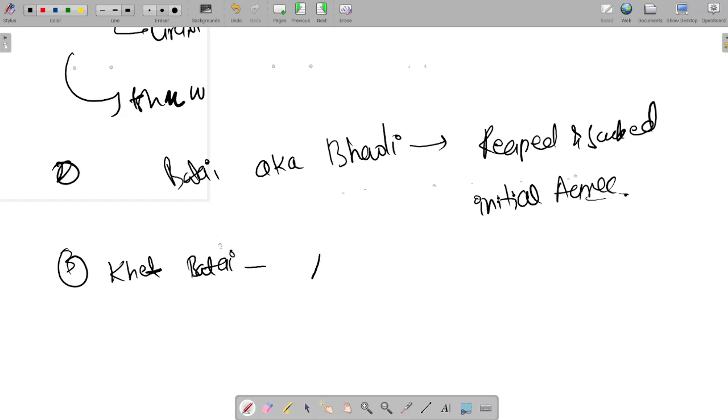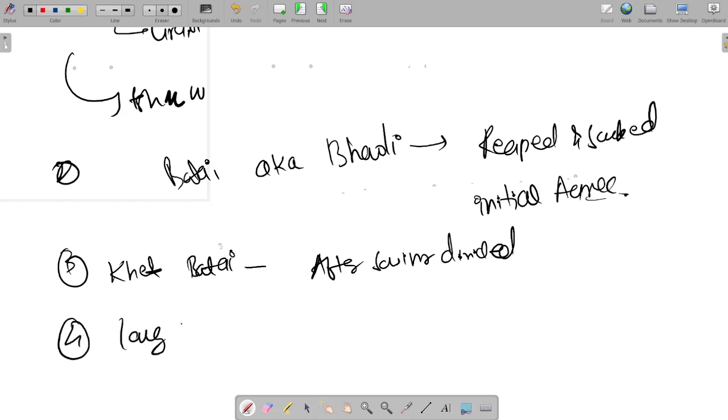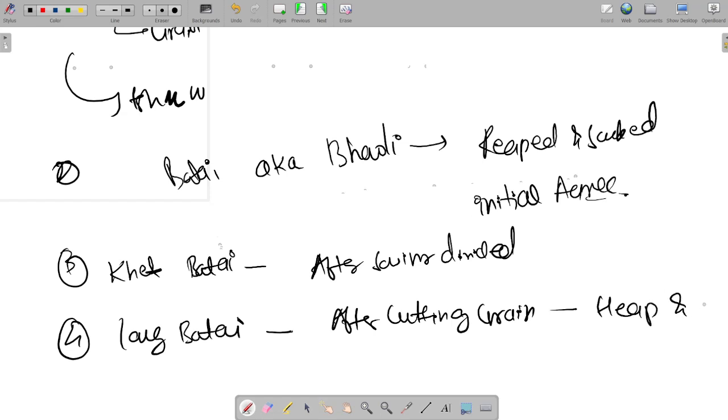In this system, after sowing, the field was divided. And the fourth one is Lang Batai. In this, after cutting the grain, heaps were formed and divided.